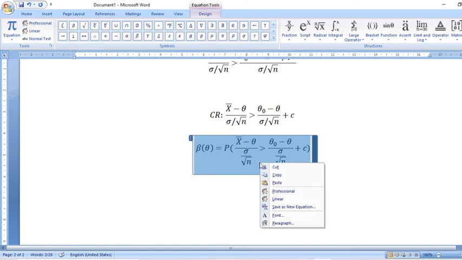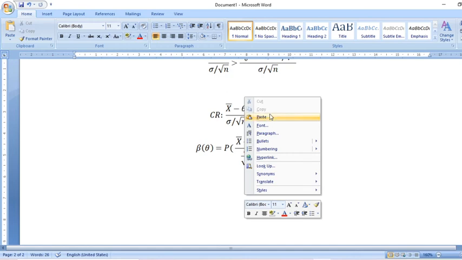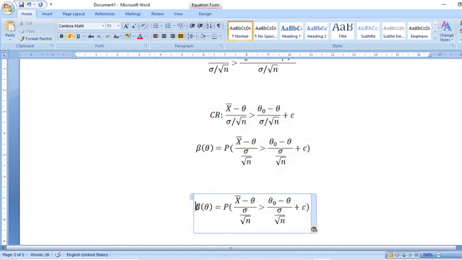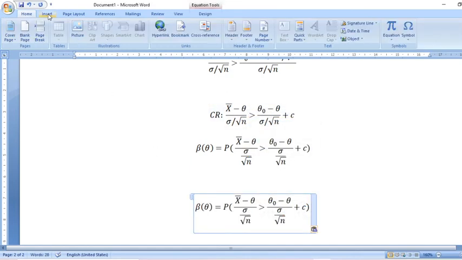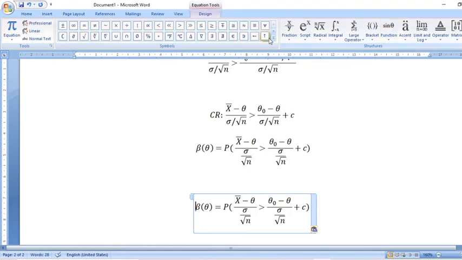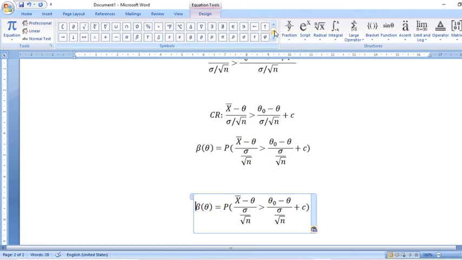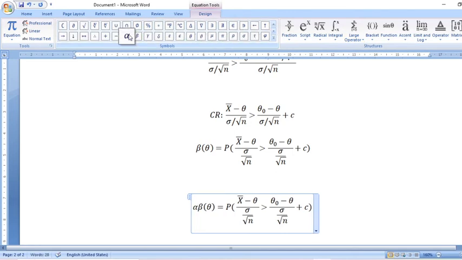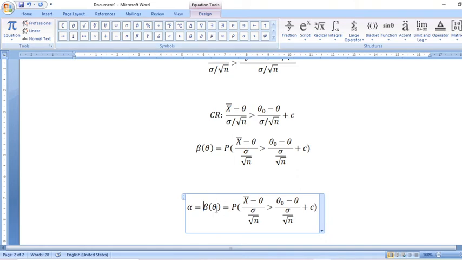So what will be the alpha value? Under the null hypothesis, it will be the alpha value. Sorry, under the alternative hypothesis, it will be the power. Okay. So where is alpha? Alpha is equal to, under theta naught.